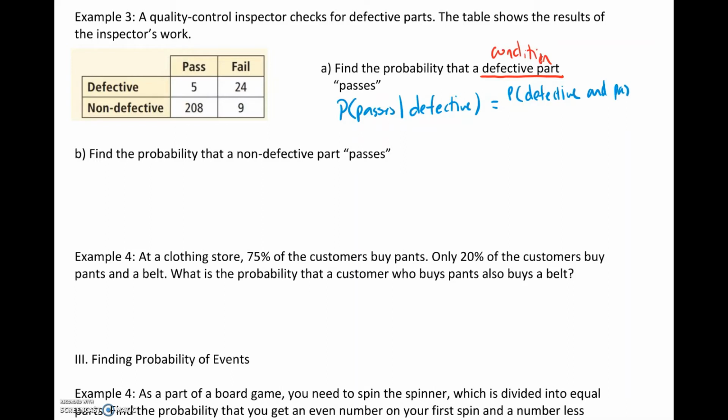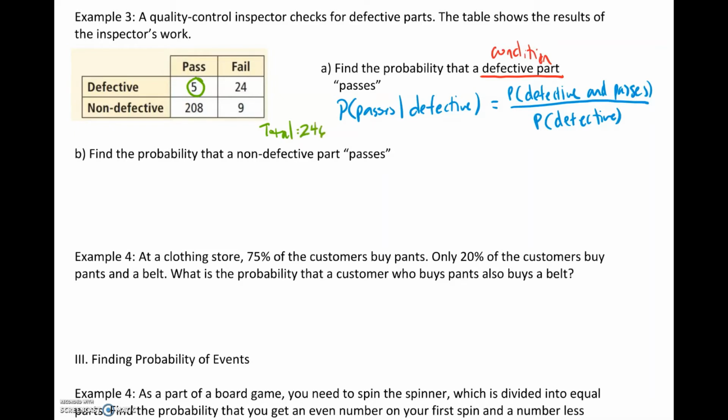All right, passes over the probability of the condition that it's defective. And we can read that from the table. So what's the probability that it's defective and passes? Well, defective and passes is 5 out of our grand total of, and you can just add up all those 4 numbers to get 246.